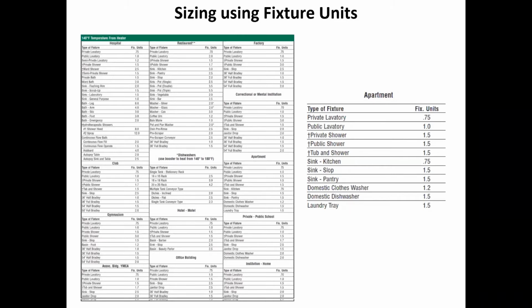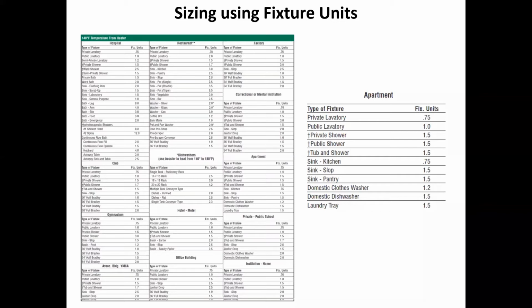Because we get a lot of comments regarding oversizing. We show you what the fixture units are in this sizing guide, and I think it's just an average fixture unit. You can see there are some different numbers in here, which I think are pretty fair.